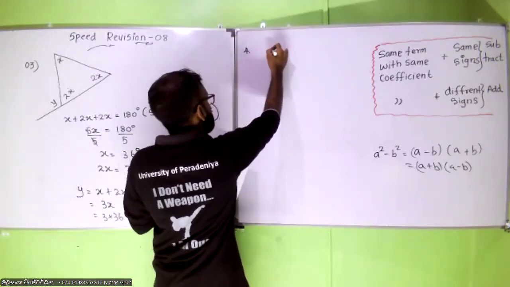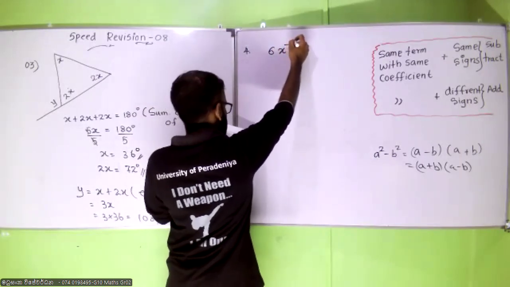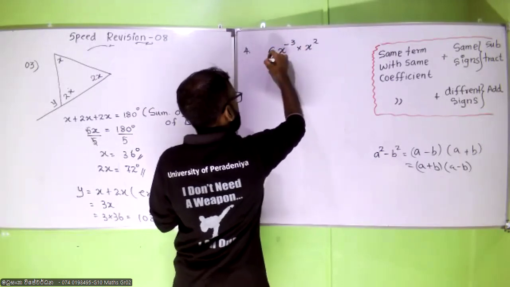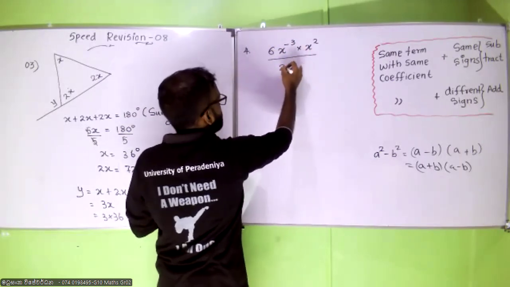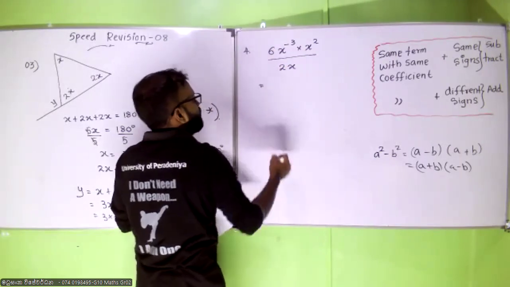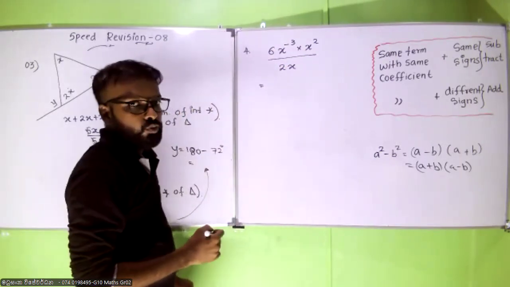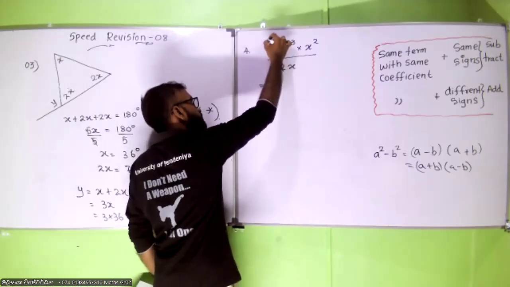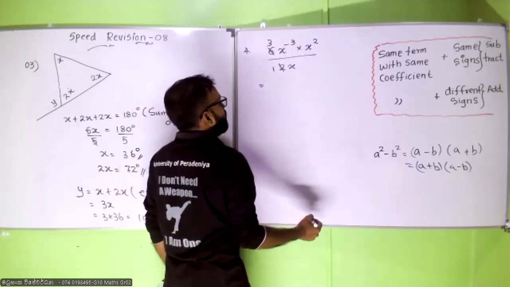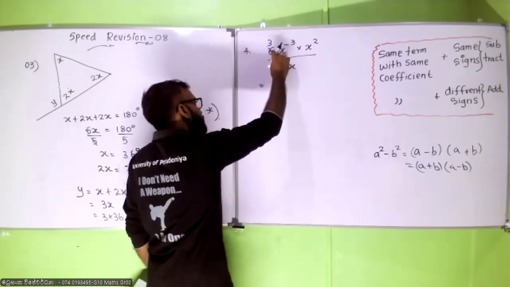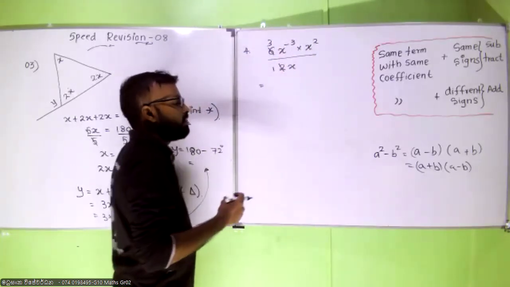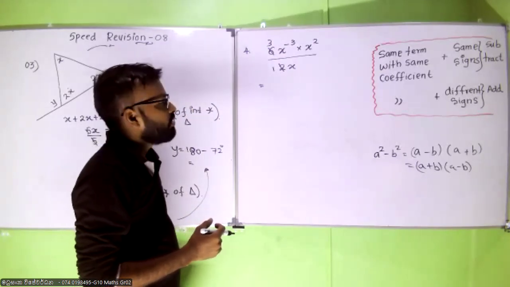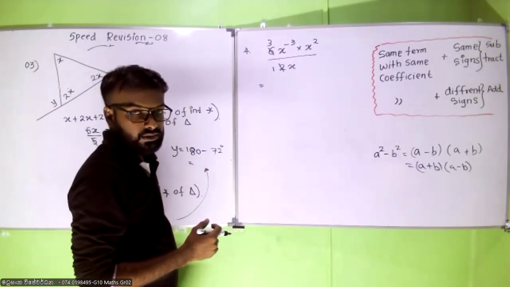Simplify 6x to the power minus 3 multiplied by x to the power 2, divided by 2x. First, you can simplify the two numerical numbers 6 and 2: 2 times 1, 2 times 3. And when you simplify the rest of the terms, you can use the traditional way, or you can use the laws of indices.